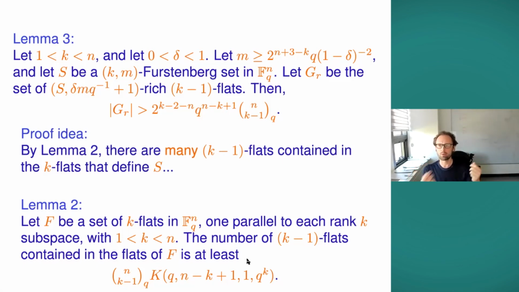And then we're going to use the previous lemma that I showed to show that very few of these k-1 flats are poor for an appropriate choice of parameters. And consequently, we have a large number of R-rich k-1 flats, where R is, say, this number again, and delta is a parameter that we can choose appropriately later.